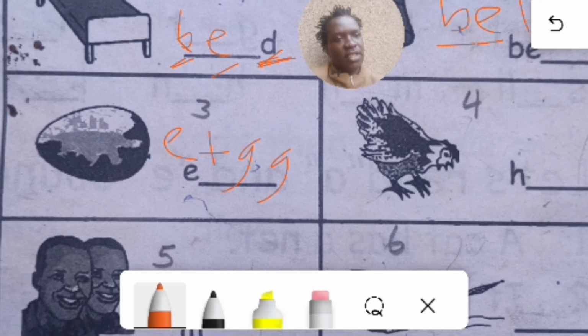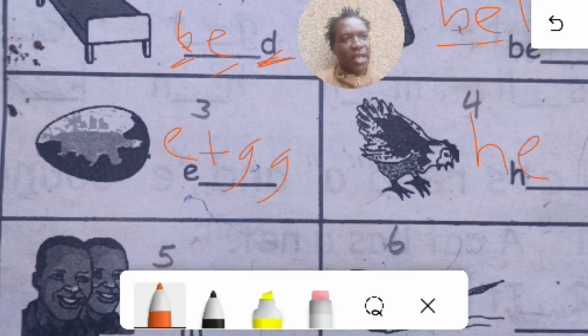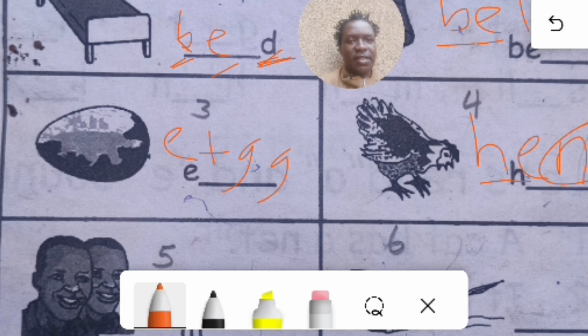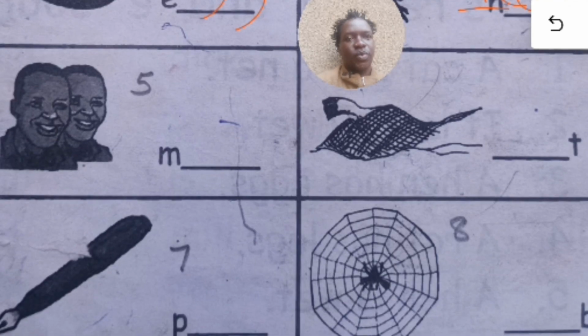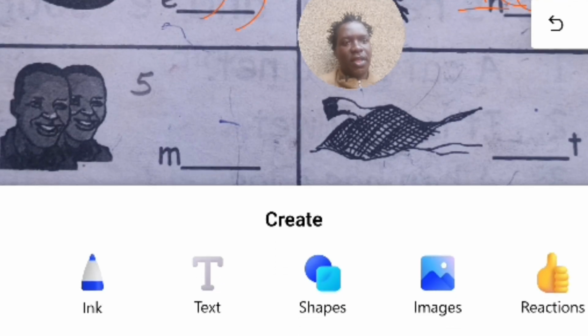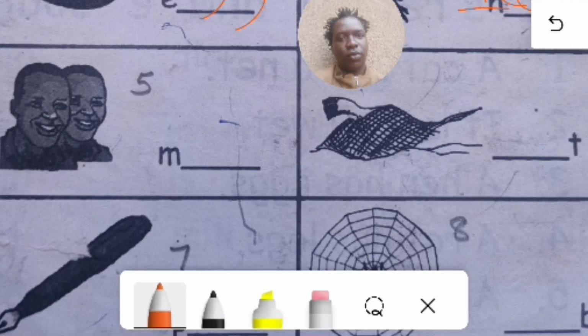And then hen starts with a consonant H, and then you put the A, it becomes he, and then if you add the N, then finally it is hen. Picture number 5, here we have 2 men, not only 1 but 2.